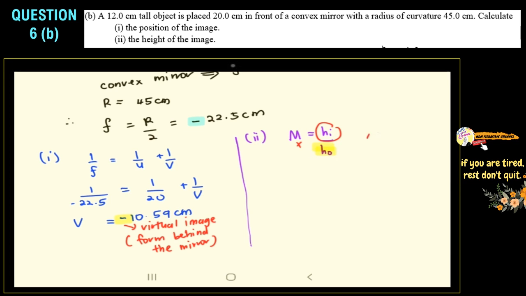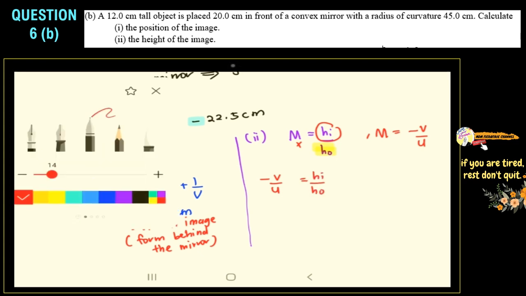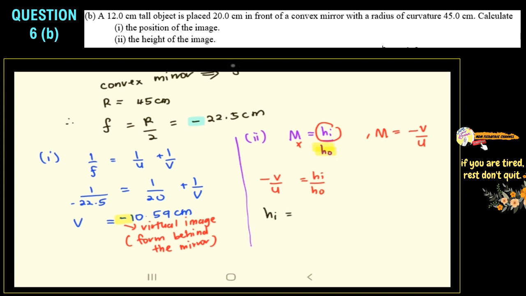So remember, another equation for the magnification is equal to negative v over u. So we can write negative v over u equals hi over h naught. Therefore, hi equals negative v over u multiplied by h of the object. So what is negative v?